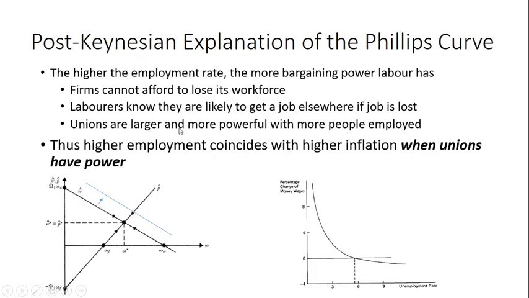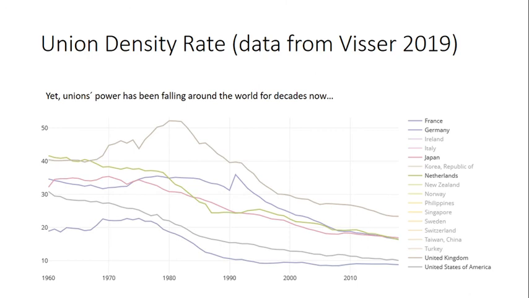So unions have become less powerful over time, and perhaps the whole labor market has completely changed, such that this explanation for the existence of the Phillips curve may also give us a reason why that Phillips curve no longer exists or is no longer so clear in the data, because over that period in which the Phillips curve has become harder to find, unions have also become scarcer and less powerful, or their objectives have changed.